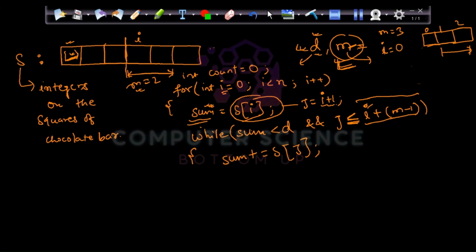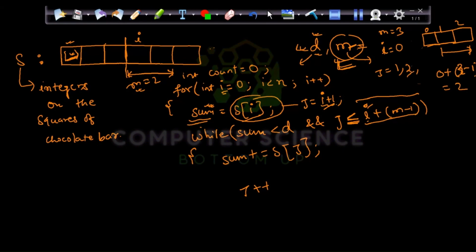I have taken j is equal to i plus 1, so j becomes 1. Next, I am going to do j plus plus as the last statement of the while loop, so j will become 2. Now i plus m minus 1 will be what? i is still 0, m is 3, 3 minus 1 is 2.